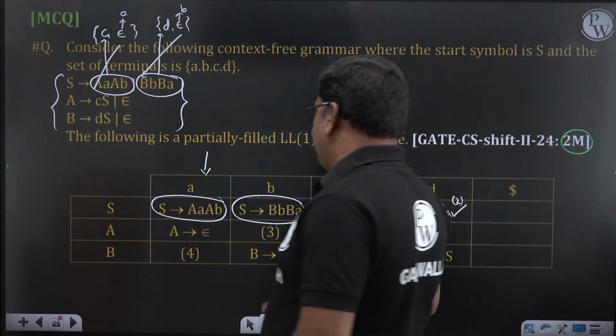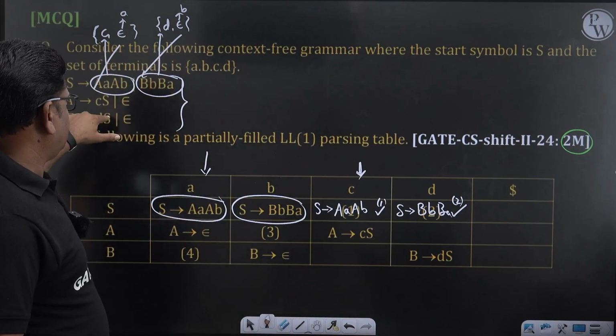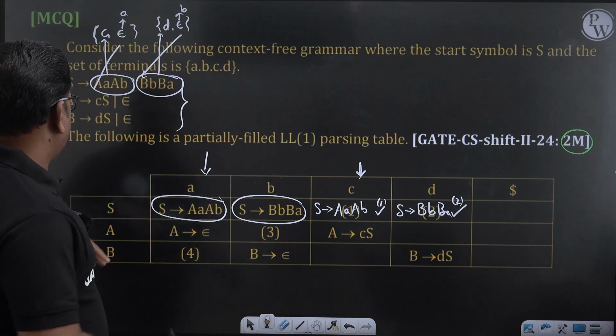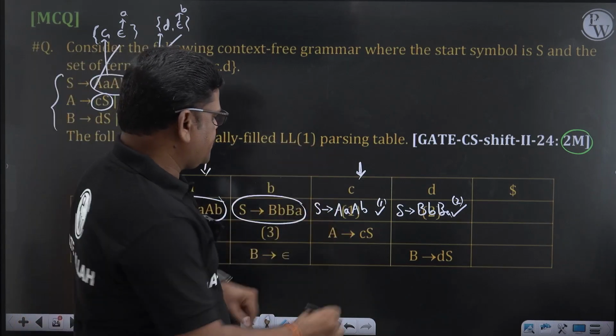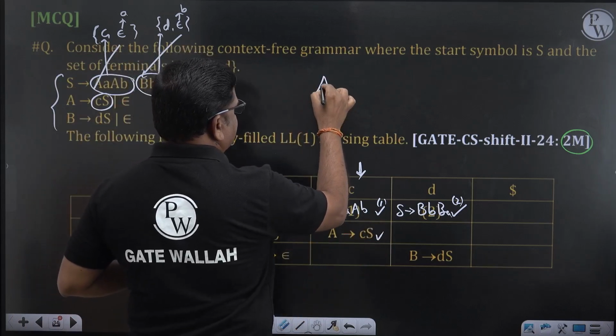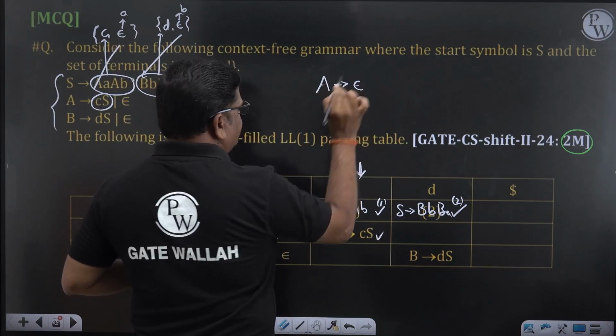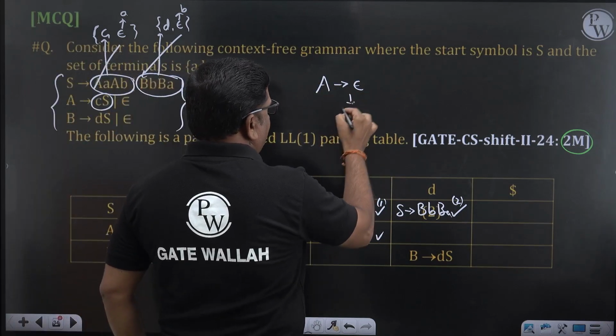Similarly, 3 is nothing but A productions. A has 2 productions: C S as well as epsilon. The first of this part is C, so in the position of C, this production is already there. Let me write the A to epsilon production. The A to epsilon production is completely based on follow of A. What is the follow of A?